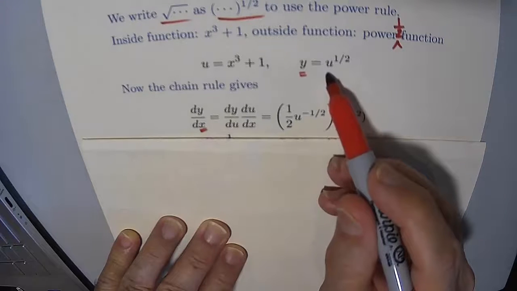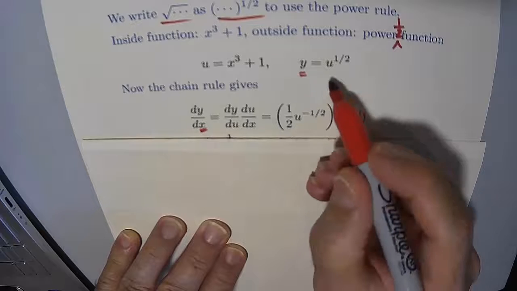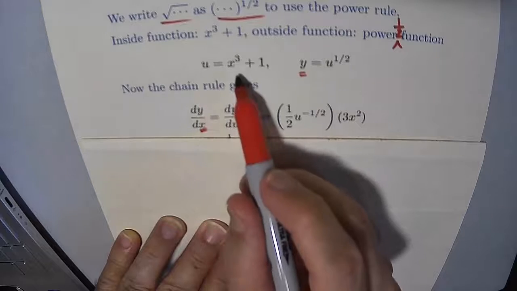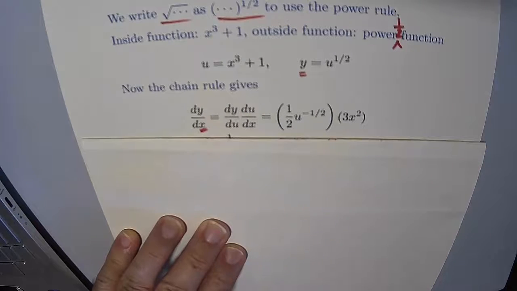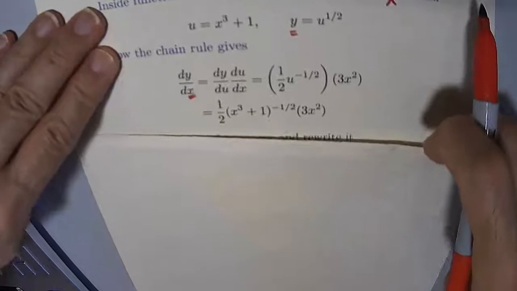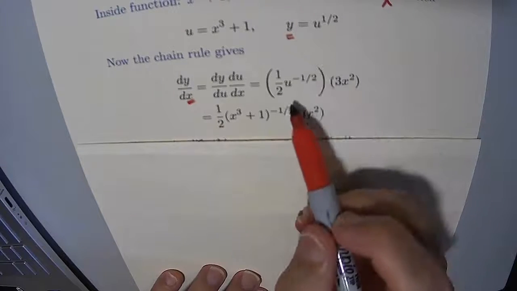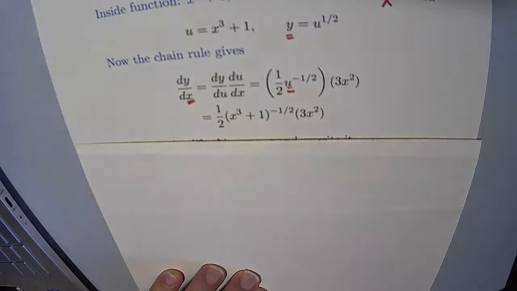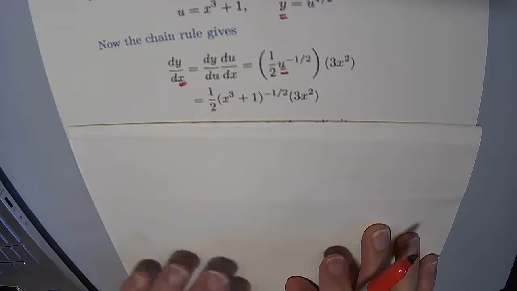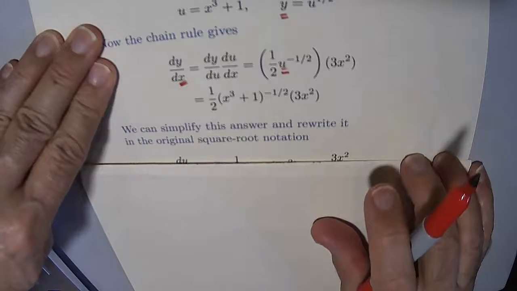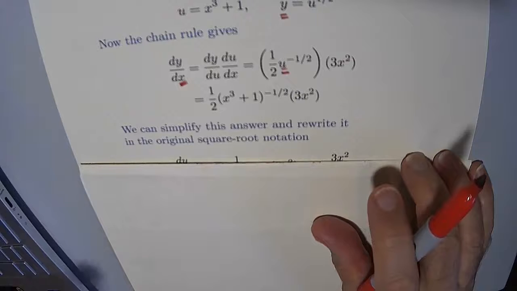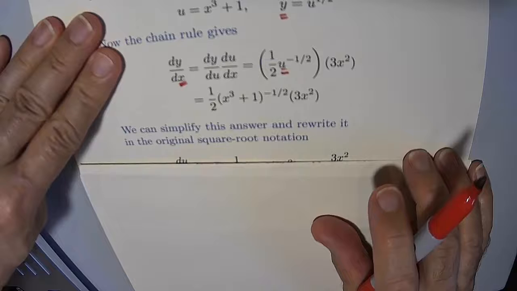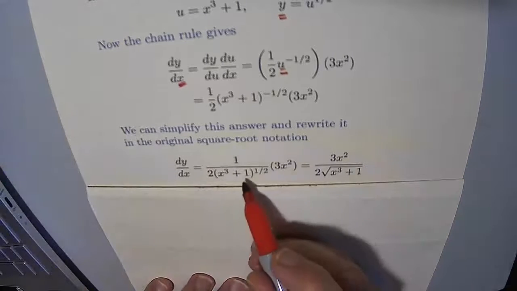Derivative of y with respect to u is just the ordinary derivative of u to the 1/2, which is 1/2 u to the negative 1/2. Derivative of u is, as usual, 3x squared. I'll plug in x cubed plus 1 for u, get this expression, and rather than leaving it like that, I'll change the negative power to a positive power and put it back in terms of the square root.